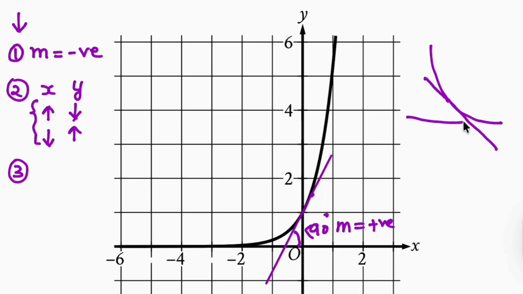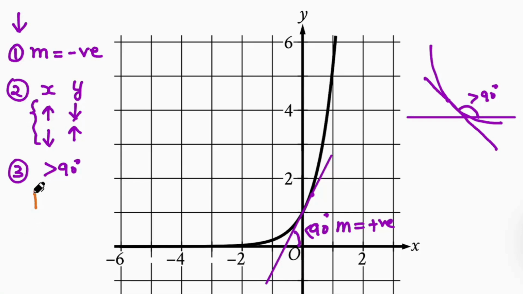Slope is always measured from the right direction of the x-axis. So this angle is greater than 90 degrees, right? So there are three ways. In this case, the angle which the tangent makes is greater than 90 degrees, and we always measure it from the right-hand side. So this is for a decreasing function.